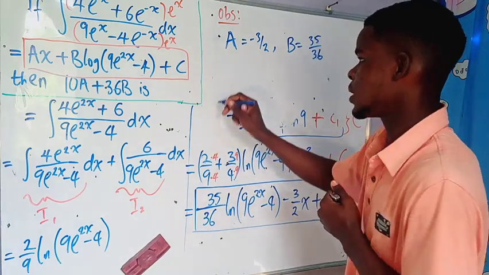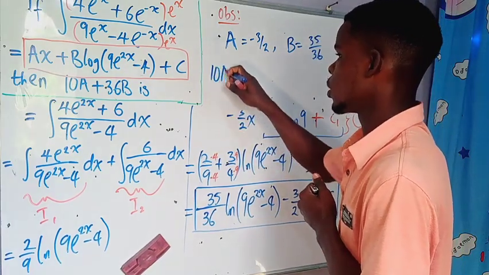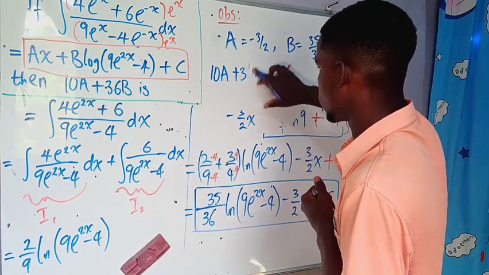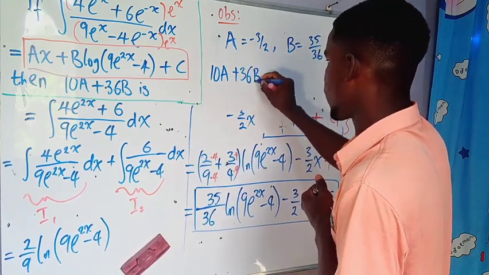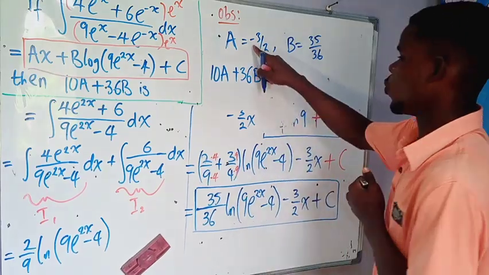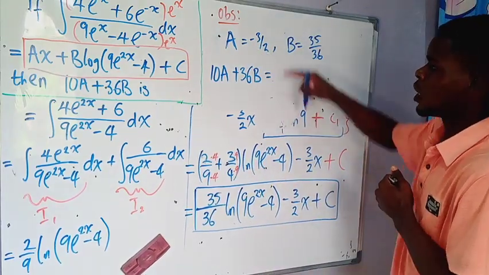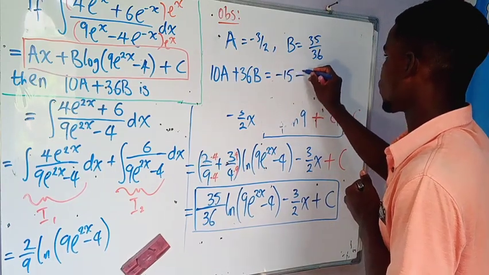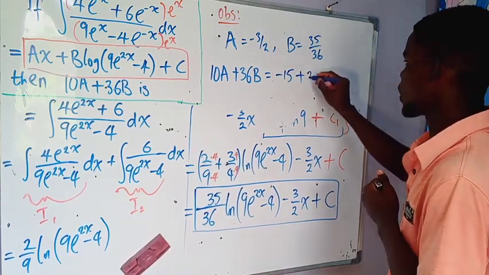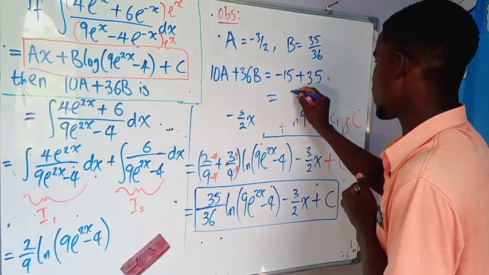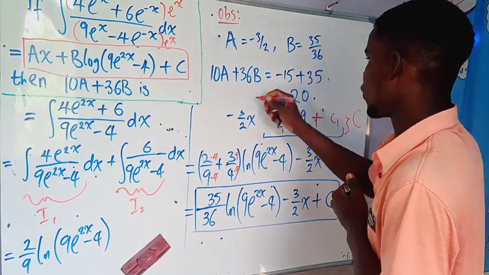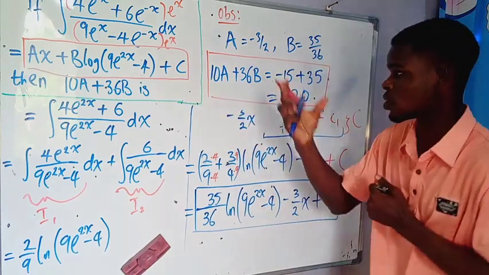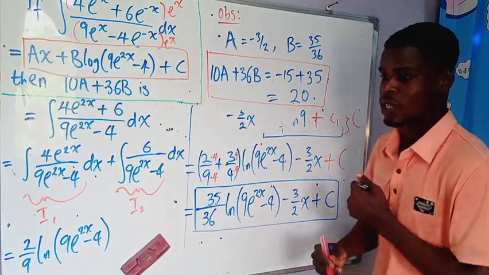So that means that 10a plus 36b is going to be, well, I'll multiply this by 10. We're going to have negative 30 divided by 2, negative 15, plus this times 36 will just be 35. In fact, this right here is equal to 20, right? This is what is required. So the answer to that question is equal to 20.